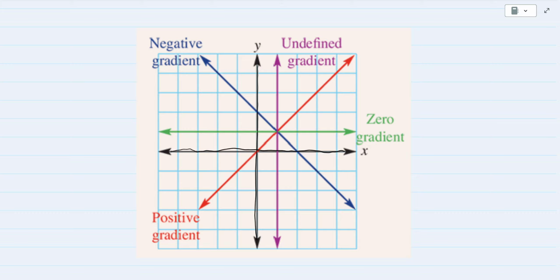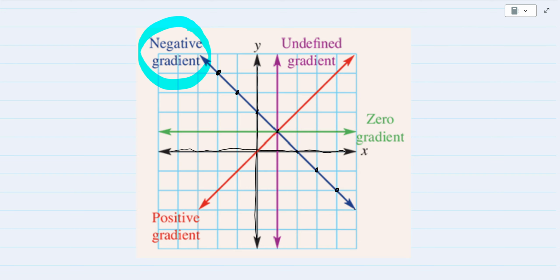Cartesian plane, black lines. First one we're going to look at is the negative gradient. The negative gradient is any slope where our first left-hand coordinate is taller than all the remaining coordinates.